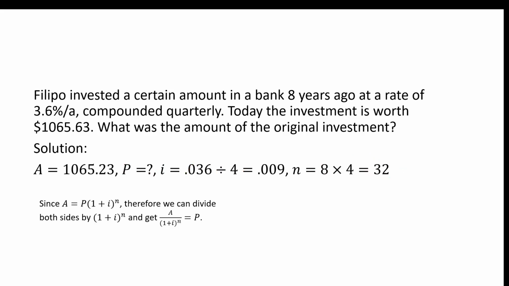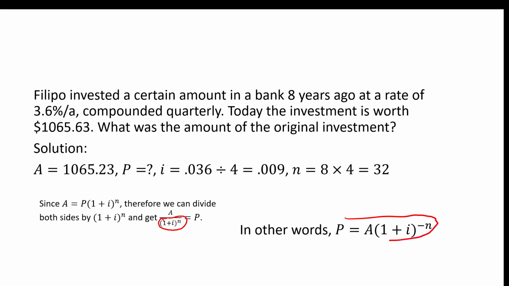And so now we can say A is P times 1 plus I to the n. We can divide both sides by 1 plus I to the n and get A over 1 plus I to the exponent n equals P. And remember, if you have a factor of the denominator with a positive exponent, that can be with the same base, put it in the numerator, make the exponent negative.